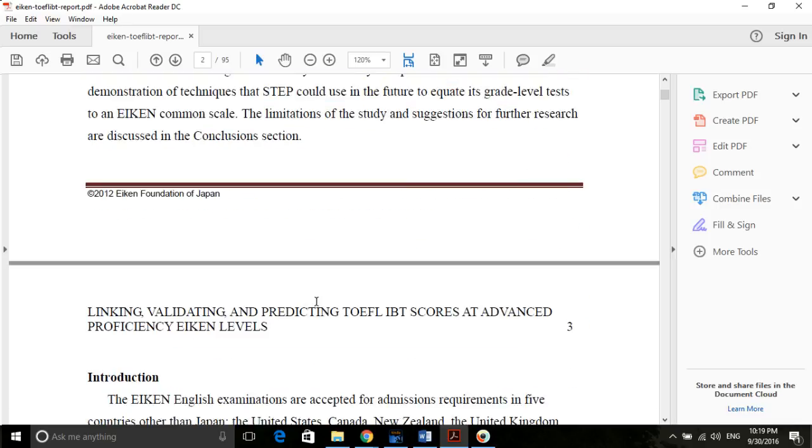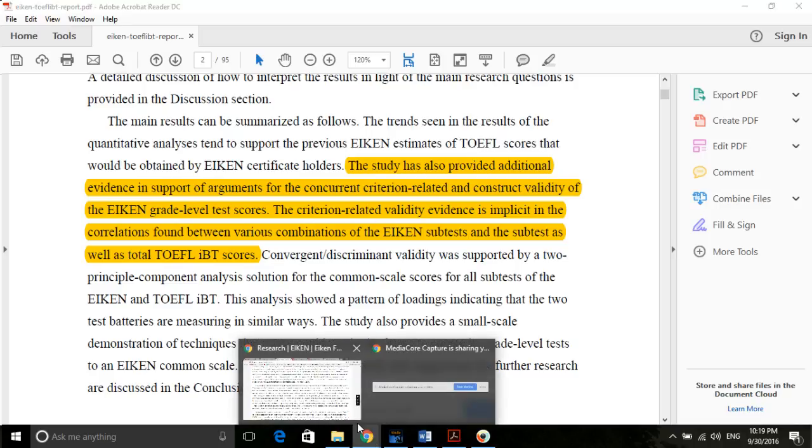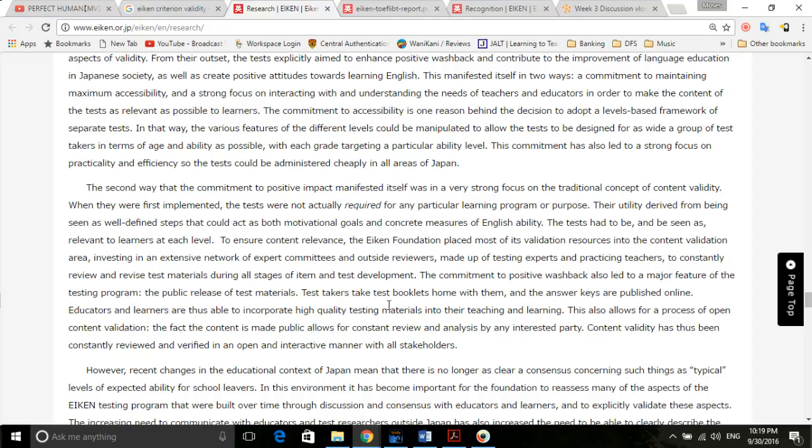This study was looking at the test in its entirety, whereas previous studies were looking at sub-tests or subsections of the Eiken test, comparing it to subsections of the TOEFL test. This one set out to do a test in its whole entirety, and it found evidence of criterion-related validity.